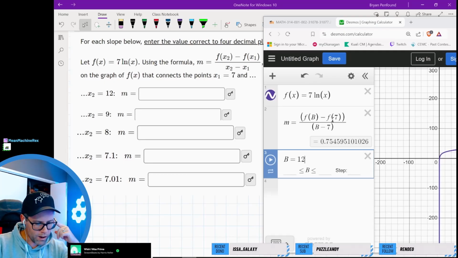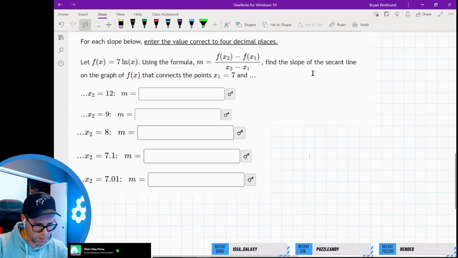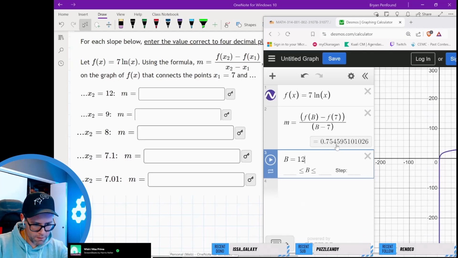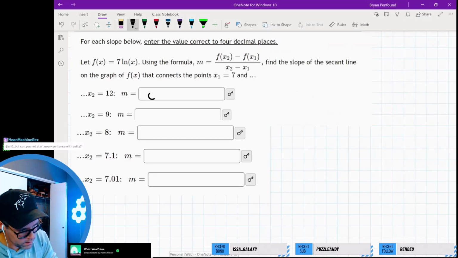So this is f at 12 minus f at 7 over 12 take 7. So I'm just evaluating this. Instead of x2, I've just put in a b placeholder here so I can change that number around a little bit. So it looks like our first one, how many decimal places do they want? 4 decimal places. 7546.